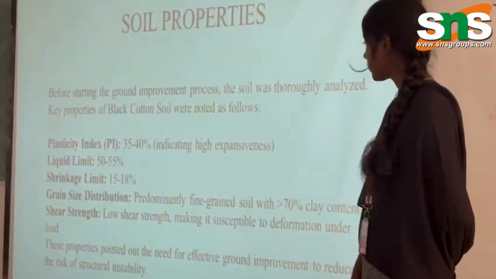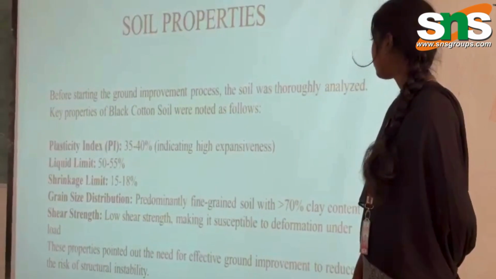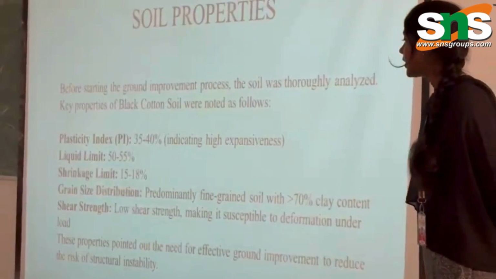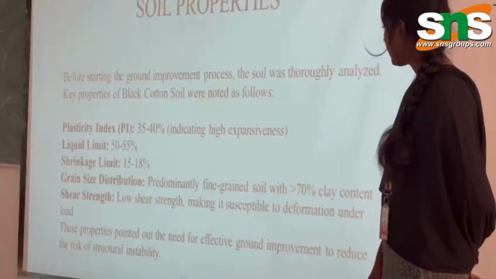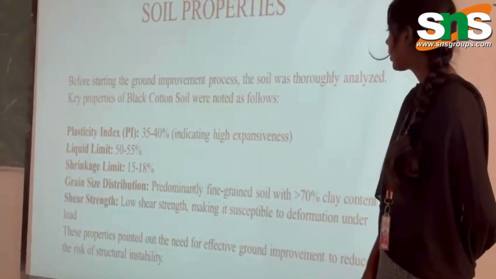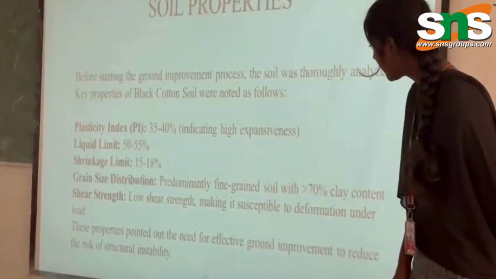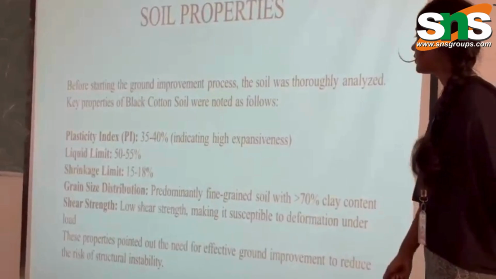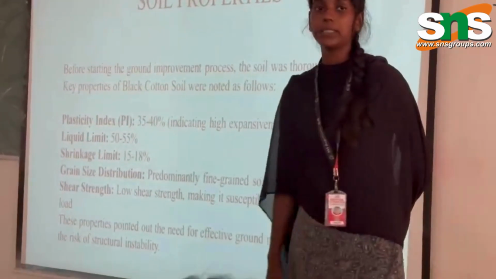Grain size distribution: predominantly fine-grained soil with 70% clay content. A low shear strength makes it susceptible to deforming under load. These properties are key for effective ground improvement to reduce the risk of structural instabilities.